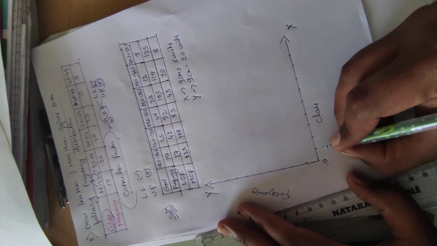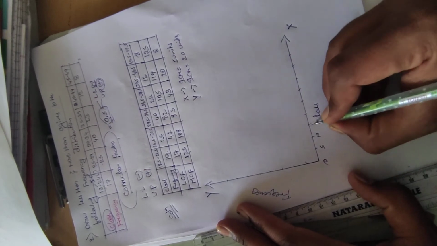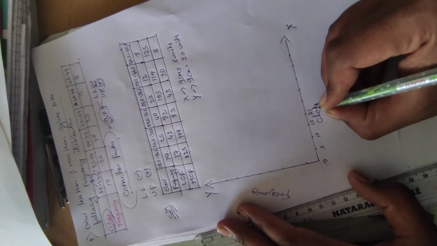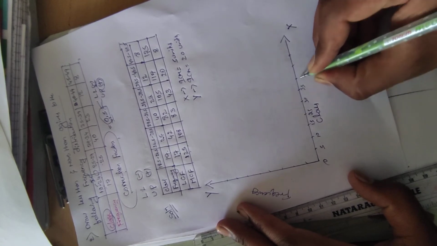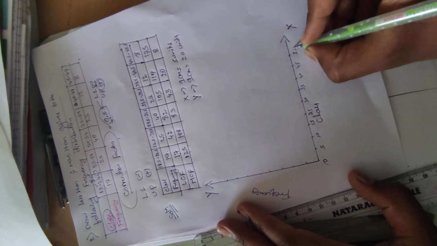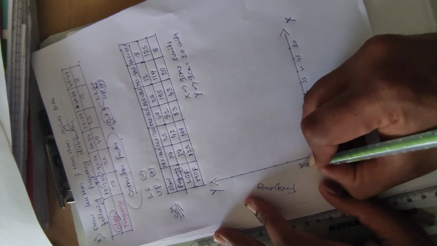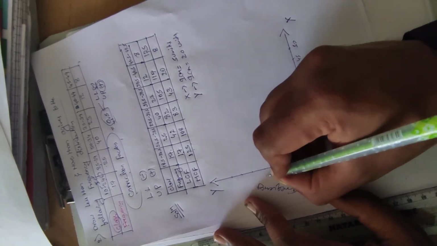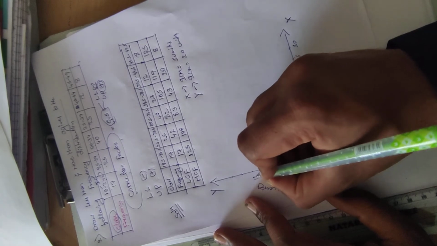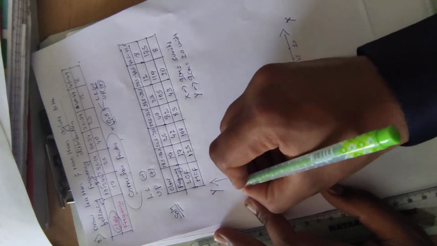Okay students, 5, 10, 15, 20, 25, 30, 35, 40, 45, 50. Here 1 unit is equal to 20: 20, 40, 60, 80, 100, 120, 140, 160.